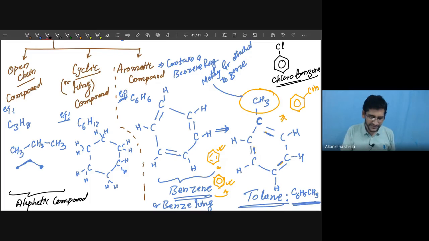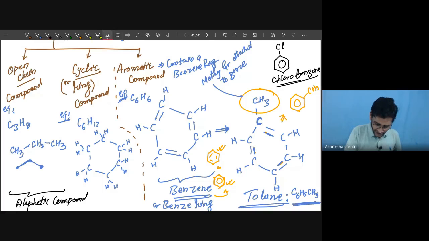In this cyclic category, we had also drawn the other structure. One of the hydrogens can also be replaced by another methyl, ethyl, or other such groups. Now this cyclic or open chain compound can contain only carbon-carbon single bonds, or the carbon-carbon may have double or triple bonds.